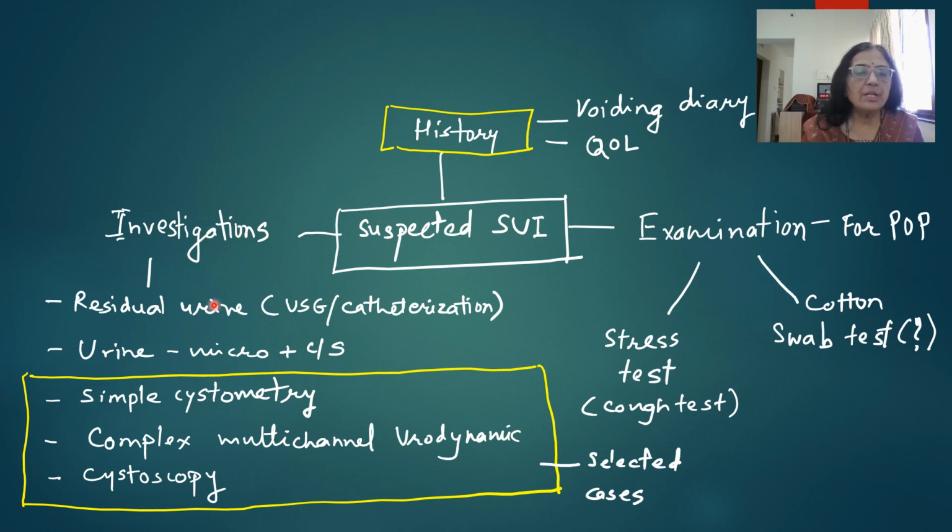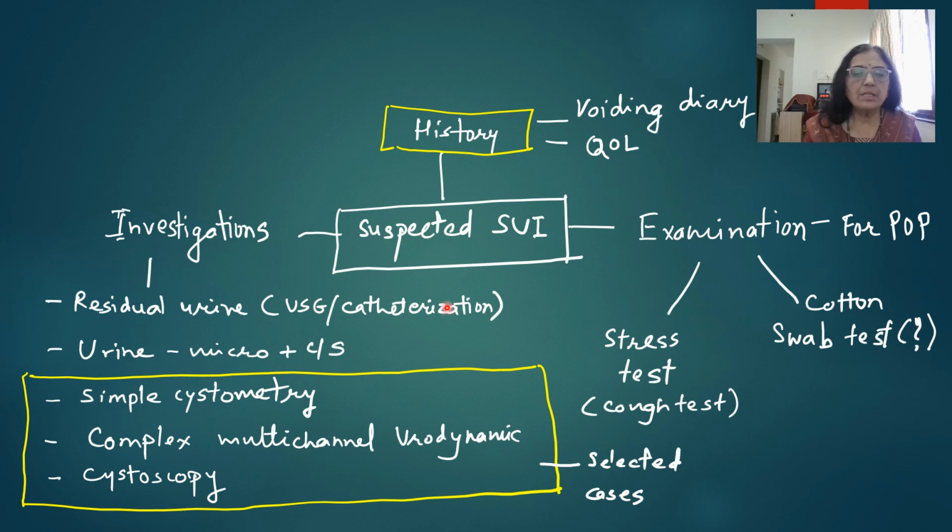In the investigations, residual urine we need to see in each and every case of suspected SUI. That is most important and can easily be done non-invasively by ultrasonography. Or if you are doing catheterization for some reason, you ask the patient to pass urine and come, then post-void you do catheterization and see how much is the residual urine.